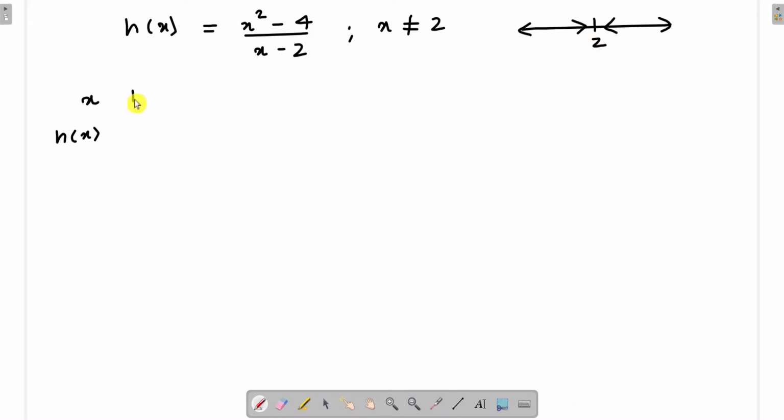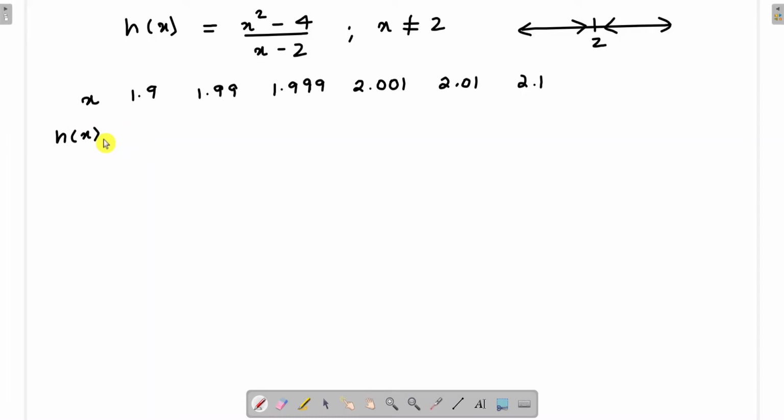We can take values as 1.9, then 1.99, then 1.999. These are on the left hand side of 2, whereas we can look at the values on the right hand side of 2, that is 2.001, then 2.01 and 2.1.